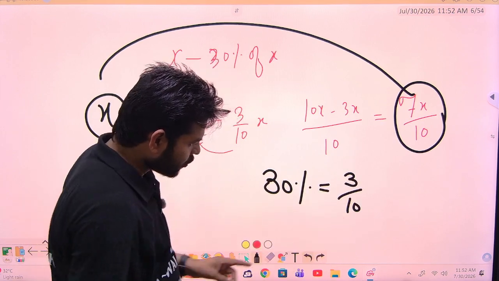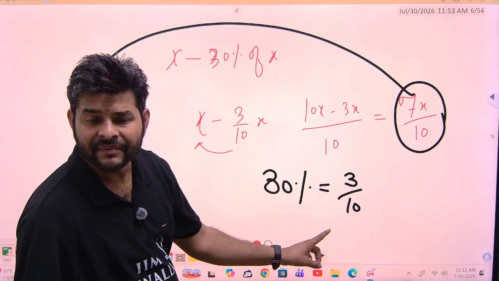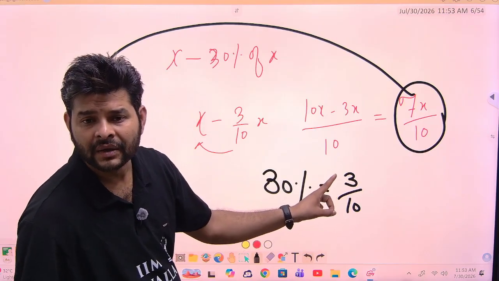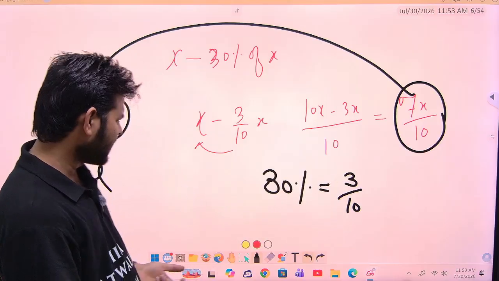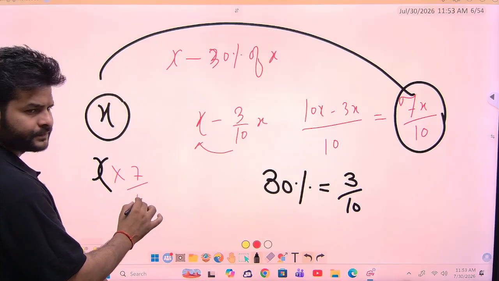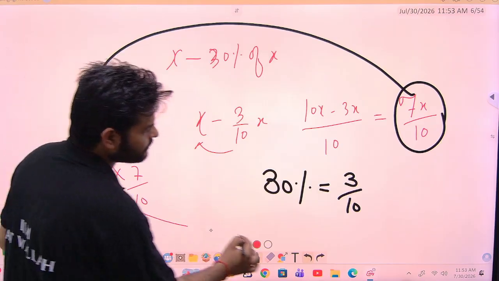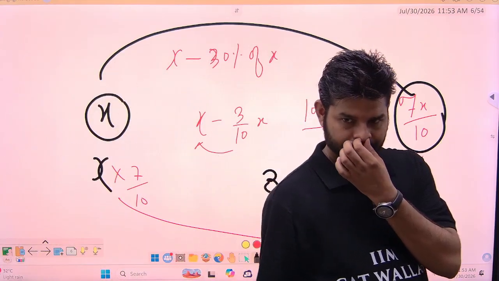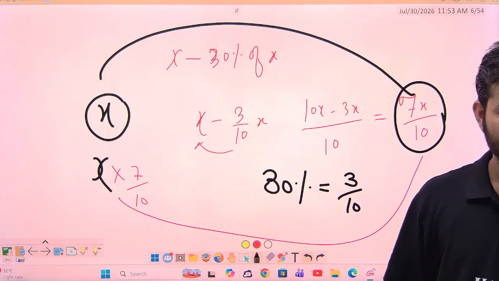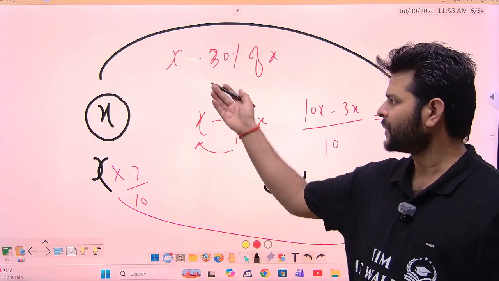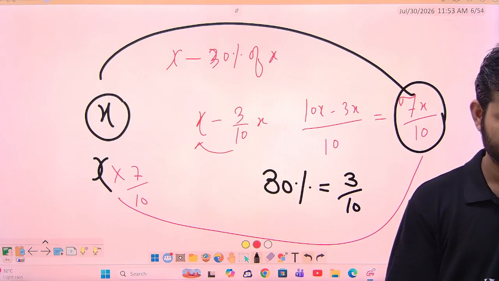That means the total salary is 10, I have invested 3 out of 10. So what would be remaining? Directly I can say 7 by 10. The value is the same, but we have saved our time by applying this method. Got it or not?